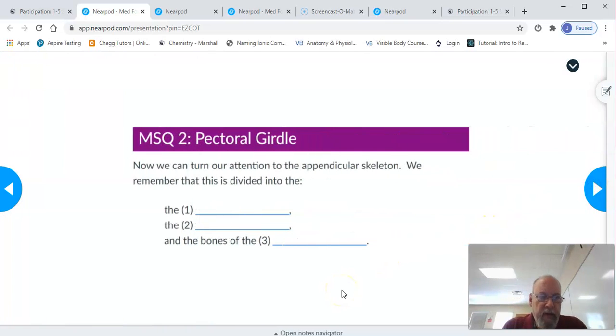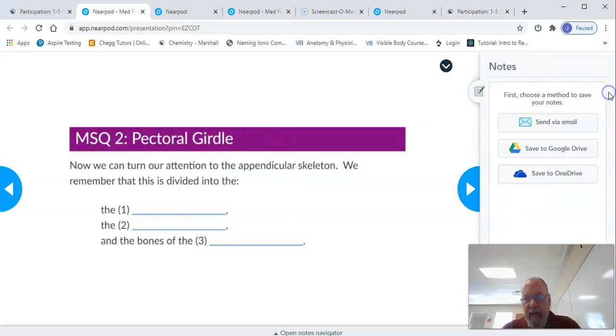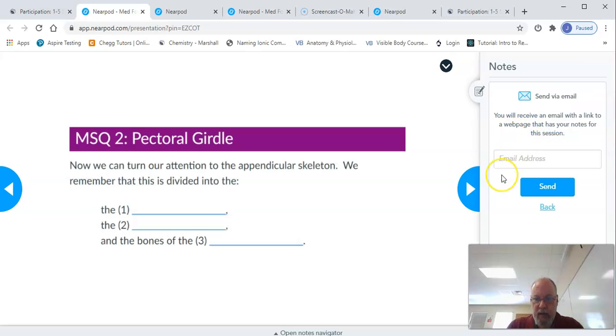So now that we've dealt with the general divisions of the skeleton, we can start looking at each of the pieces one at a time. First thing we're going to do is look at the appendicular skeleton, and we remember that that is divided into, let me put my email in here so I can type.